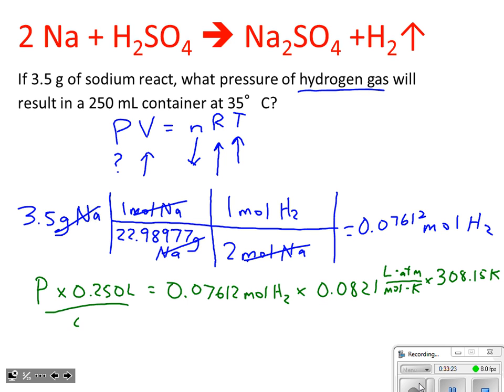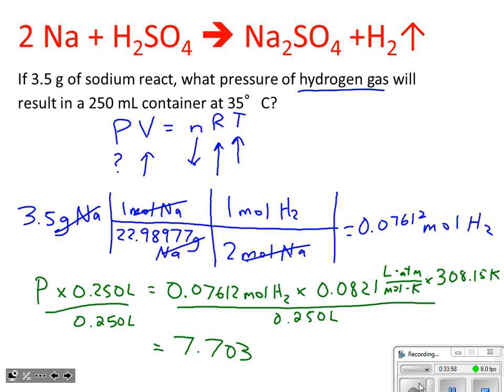To solve for P, I'm going to divide both sides by 0.250. So I get a value of 7.703156.